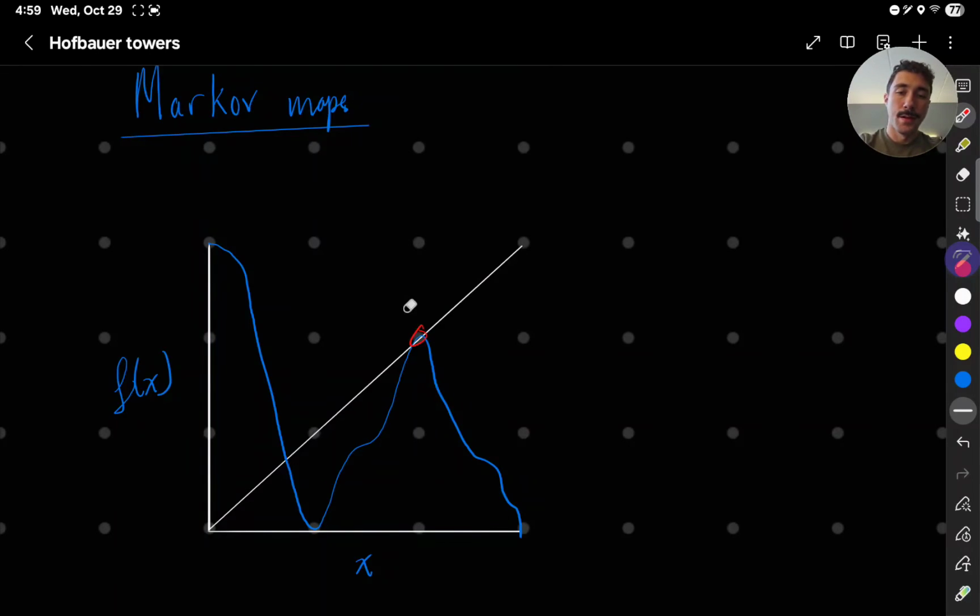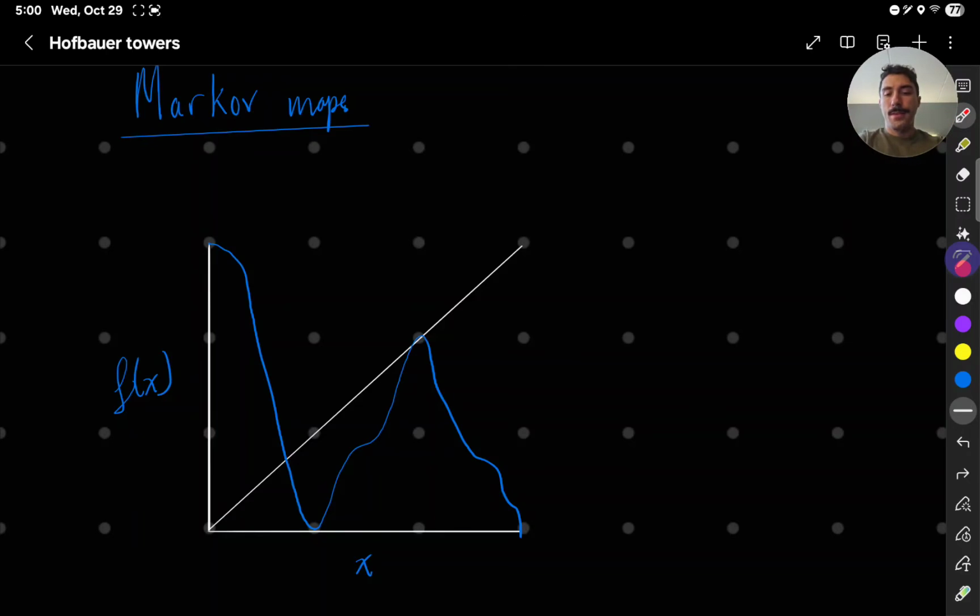So each of the critical points maps to either a critical point or to an endpoint. And the endpoints themselves, this one maps over to here, and the other one maps to here, which is a critical point. So it's well behaved.